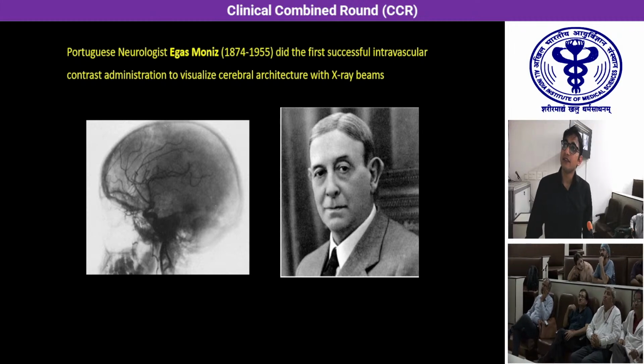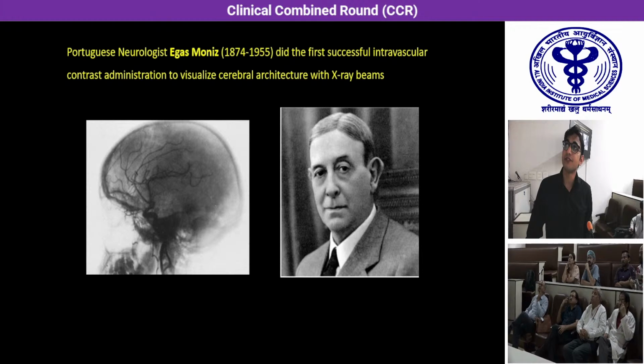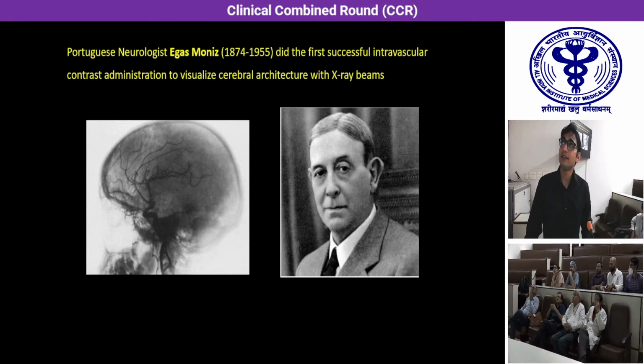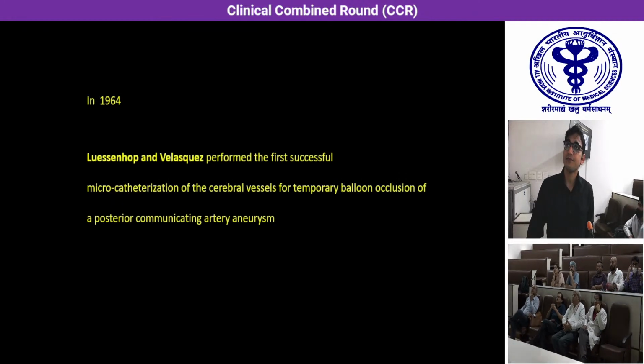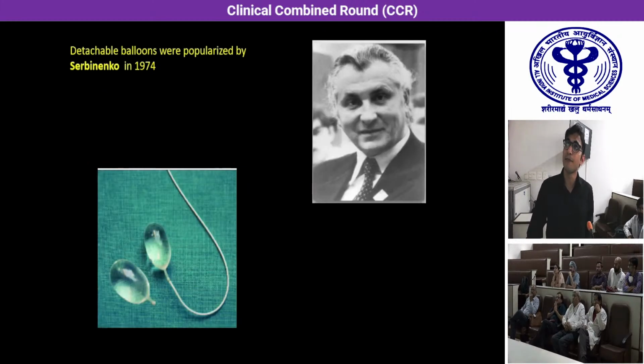And in the endovascular aspect, the first cerebral angiogram was done by Egas Moniz. And in 1964, Lussenhop and Velasquez performed the first successful microcatheterization of cerebral vessels in a PCOM aneurysm.